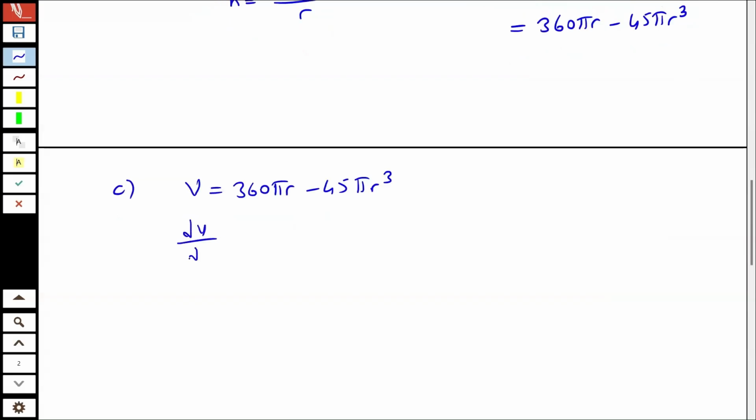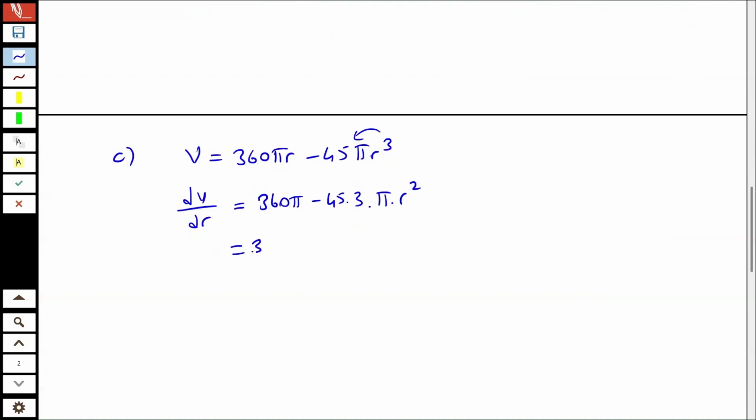So what is the derivative of the volume in terms of r? It's gonna be 360 pi minus 45 times 3 times pi times r squared, because we are decreasing by 1 the power of this r. It's going to be 360 pi minus 135 pi times r squared.